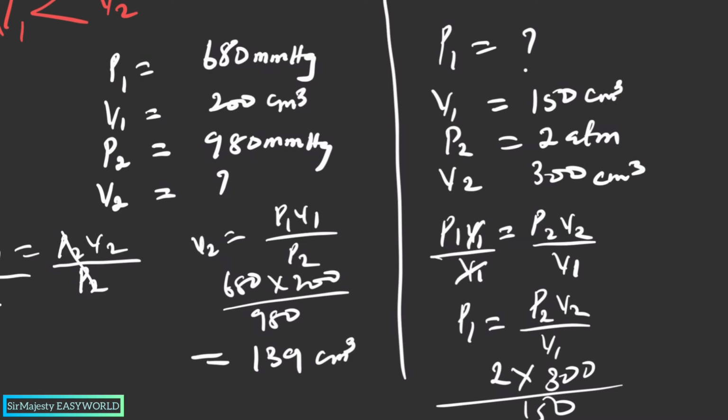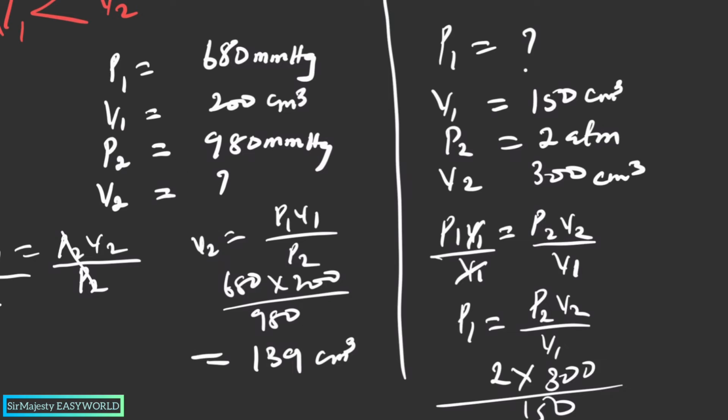When volume increases, it shows that pressure has automatically decreased. So moving from 150 to 300 is an increase. So where these two started from is going to be 2 times 2, because if pressure decreased by half, if you move from 4 to 2, it means that's why 150 was increased to 300.